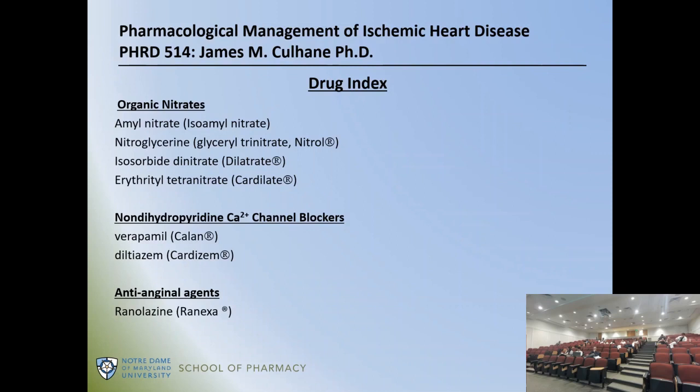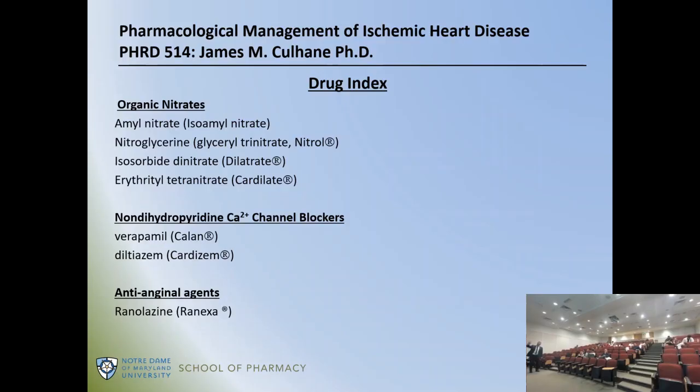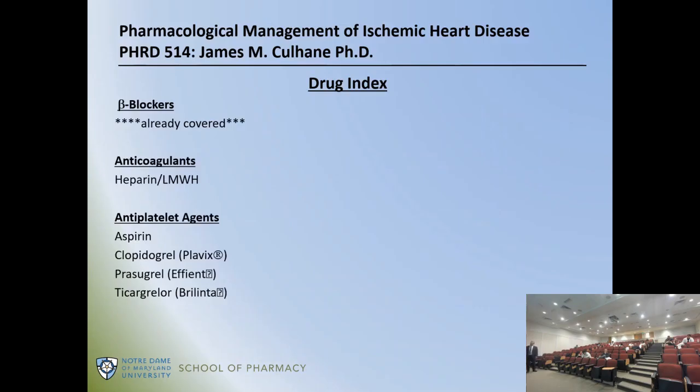We're going to talk about a drug generically classified as an anti-anginal agent. Angina essentially refers to chest pain associated with cardiac ischemia. And ranolazine is a drug that has a very unique mechanism of action that doesn't fit in any of these other categories, so we call it an anti-anginal agent.